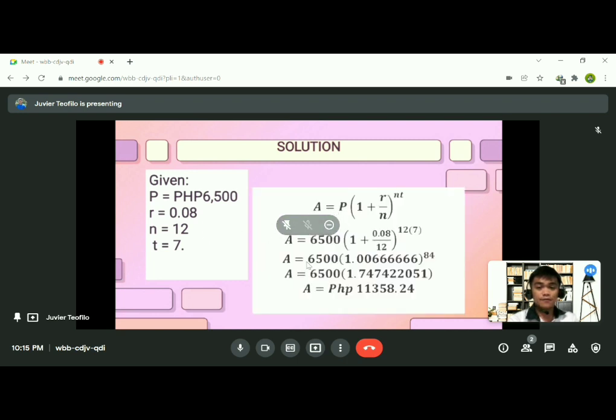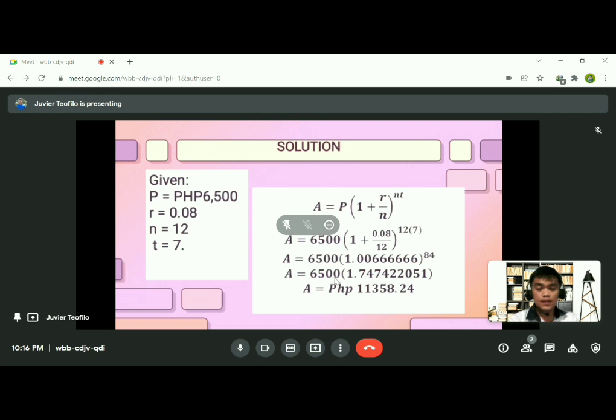So we have A is equal to 6,500 times the parentheses of 1 plus 0.08 over 12, to the power of 12 times 7. If you solve this, we have 1.0066666 to the power of 84, because 12 times 7 is equal to 84.